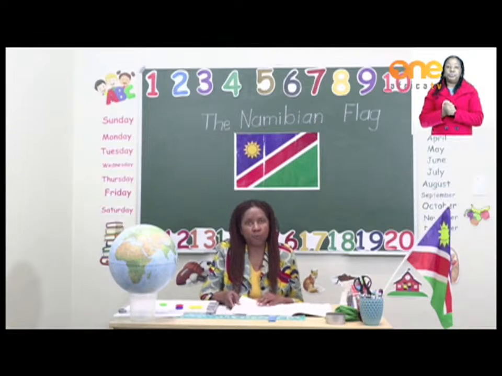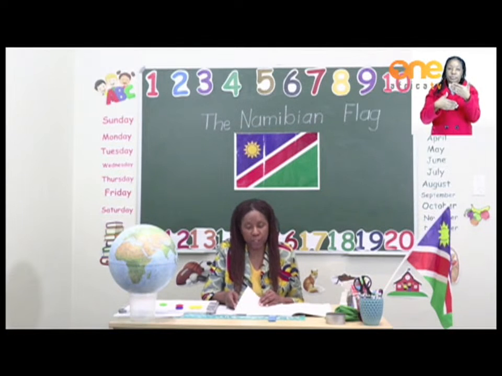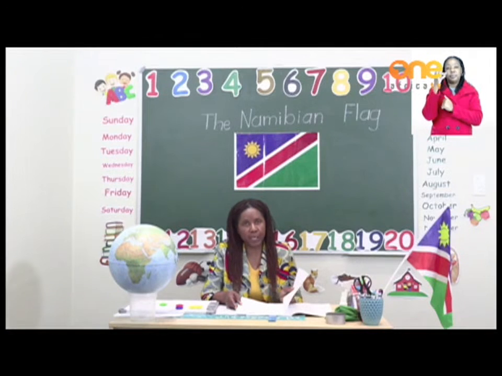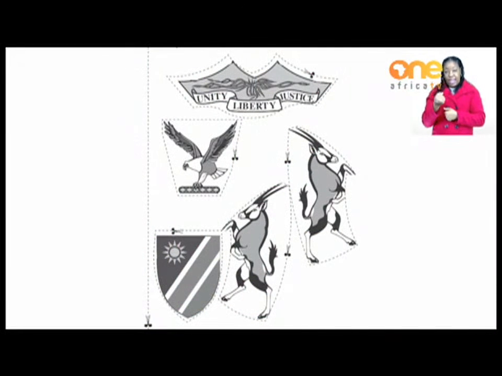Now, if you're finished on page 7, let's turn over to the next page, which is page 8. On page 8, the instructions are: cut out the emblems on page 9, and our page 9 is right in front of you. We need to place the shapes in the right place.